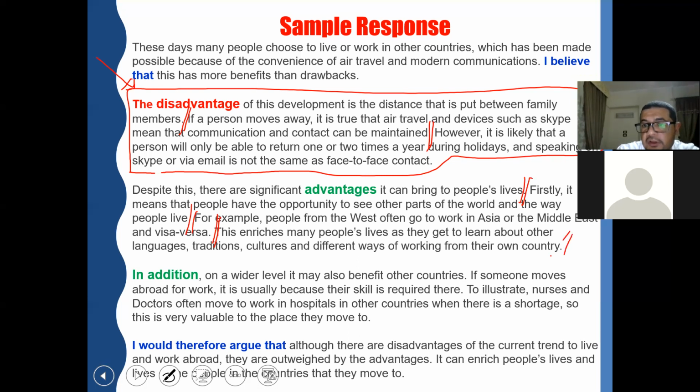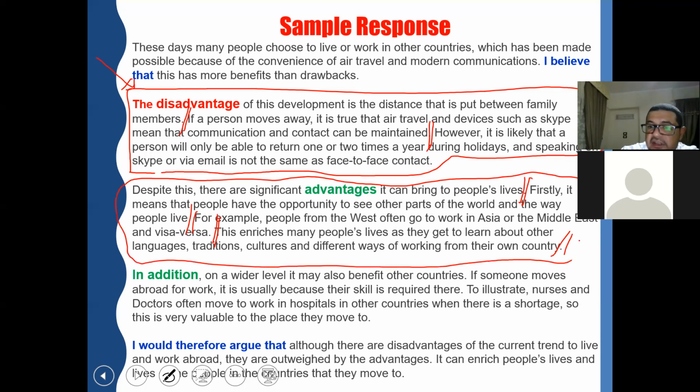So the paragraph that I circled above has 3 sentences. This one has 4 sentences. This is what we call a paragraph, a group of sentences that usually have one main idea. Do you understand what a paragraph is?